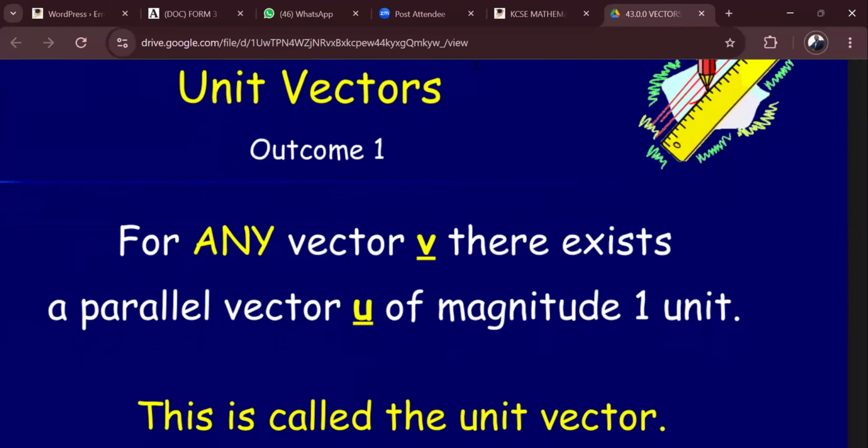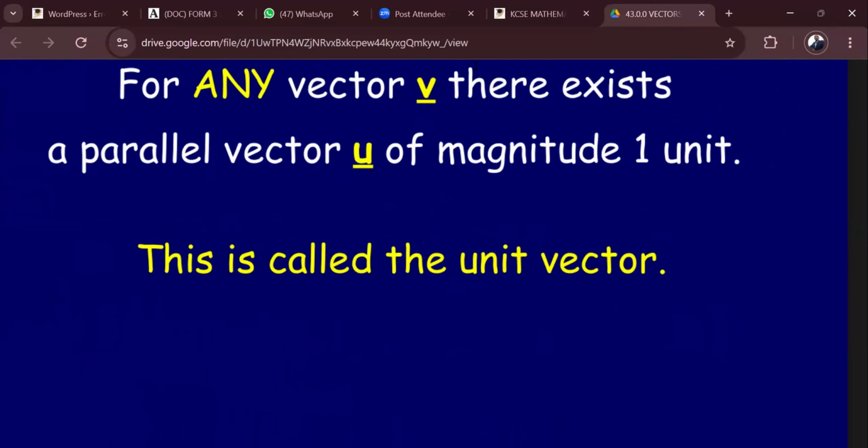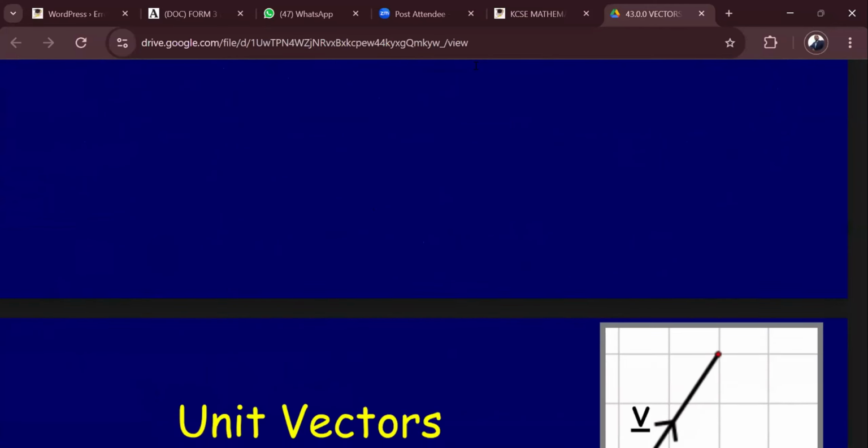Unit vectors. For any vector V, there exists a parallel vector U of magnitude 1 unit. So I want us to consider a unit vector.